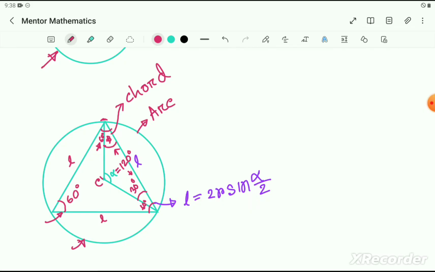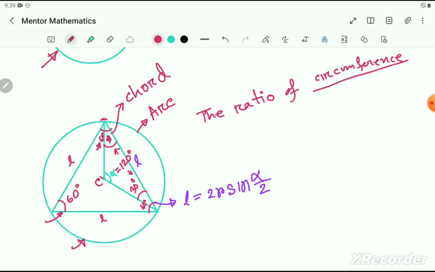So now we have to calculate the ratio of the circumference of the circle and the perimeter of the triangle which is inscribed inside the circle.